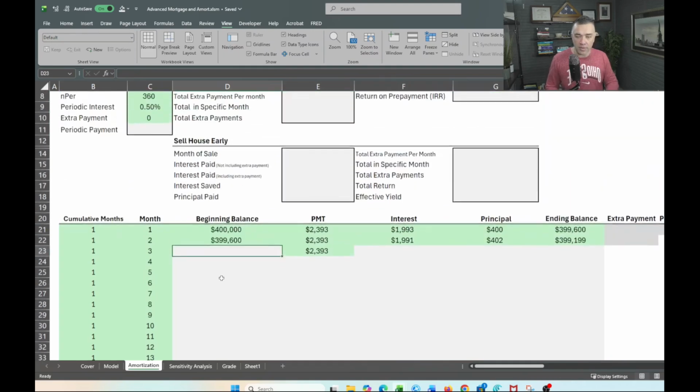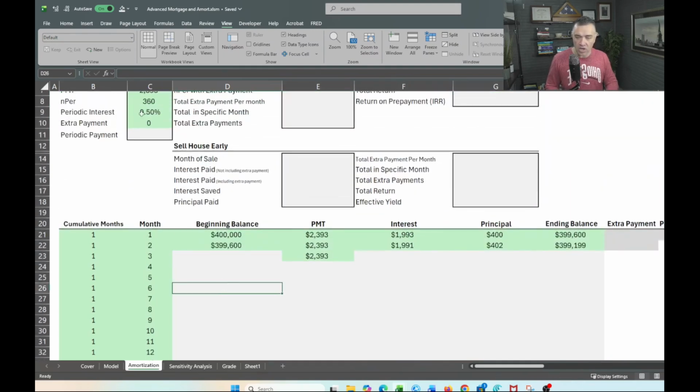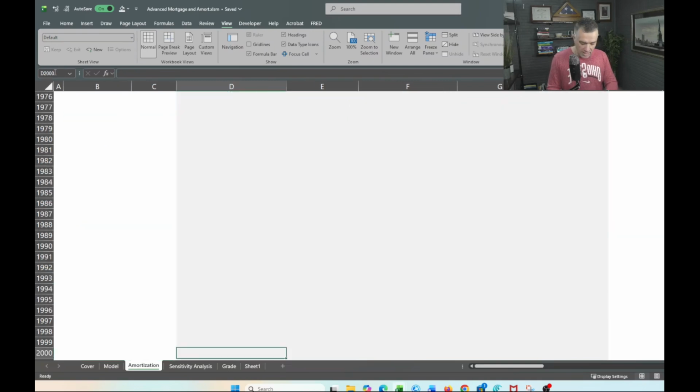Here's one thing I'm going to do. I'll show you. I'm going to go to cell 2000. I think that would be plenty of rows. And I'm going to hit space, tab, space, tab, space, tab.